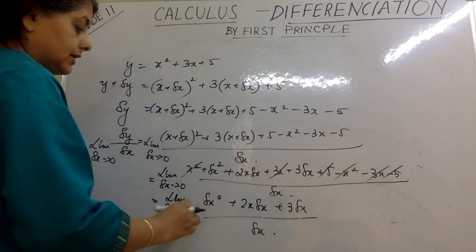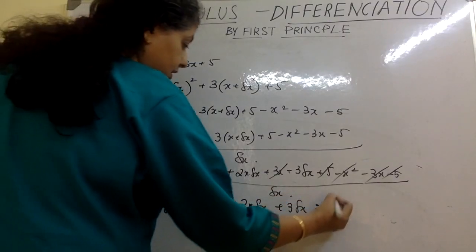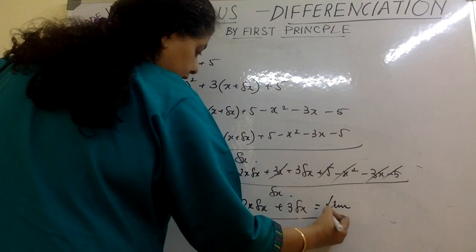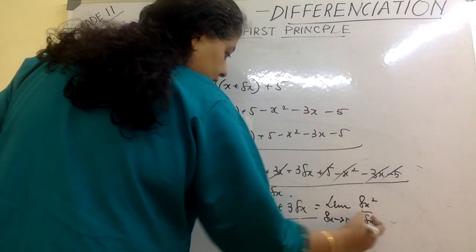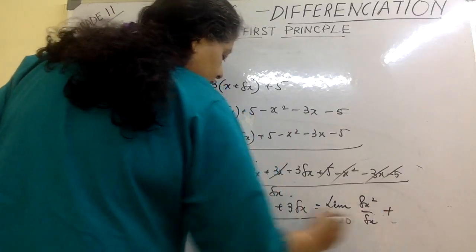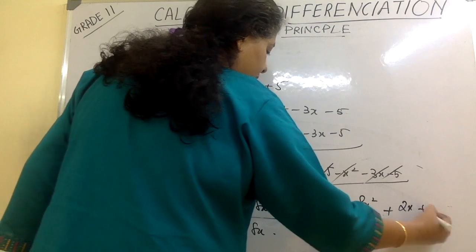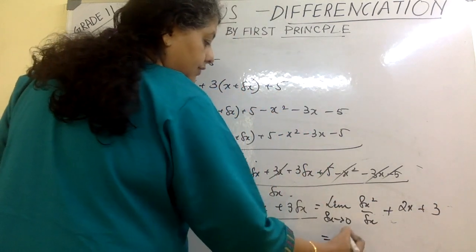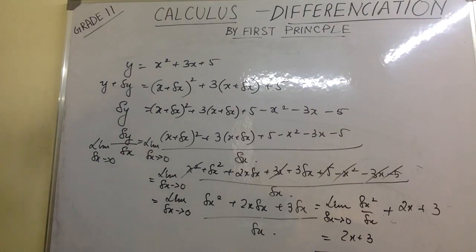So what remains is limit del x tends to 0, del x square by del x. Now this one, as del x tends to 0, the full thing becomes 0. Here this cancels, so there is no question of applying limits. So what I get finally is 2x plus 3 as my answer, because the rest has cancelled due to limits or due to algebra.